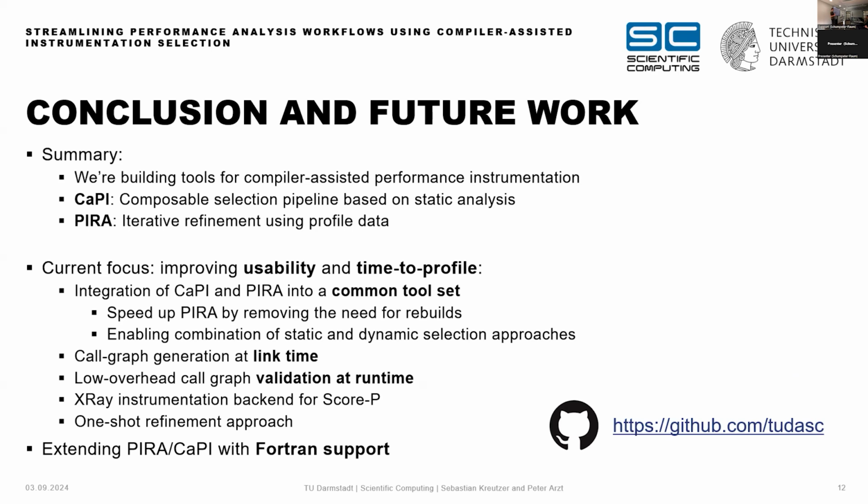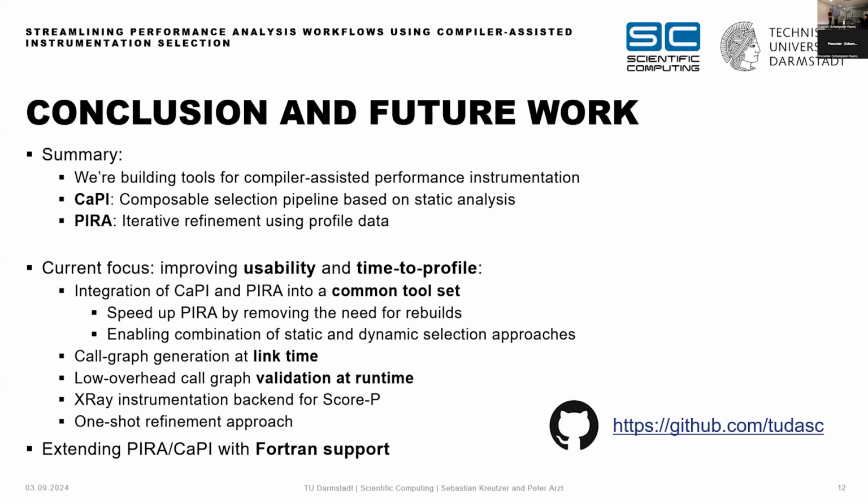There's a couple of things we're working on right now. The major theme is that we're in the process of improving the usability and the time to profile that our tools offer. We're starting to integrate CAPI and PIRA into a common tool set, and also looking at speeding up the process of PIRA by removing the need to rebuild the application after every iteration.